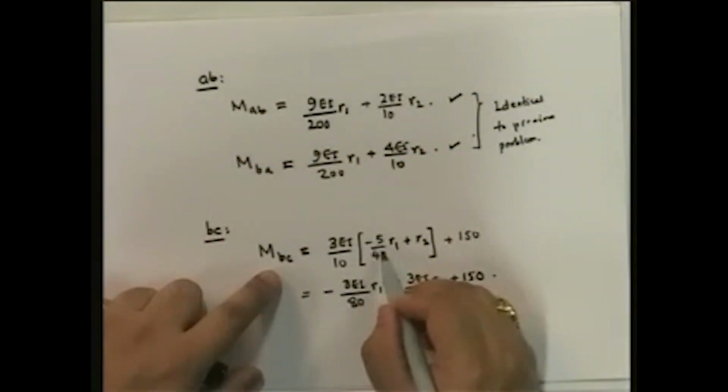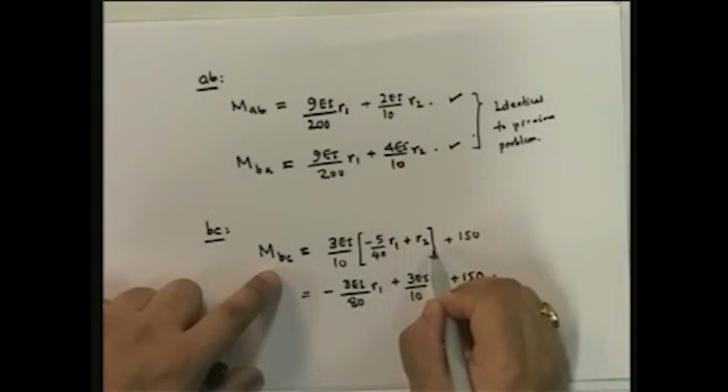Now BC, because C is a hinge, we had to write a modified member force deformation relationship, which only relates the moment at BC with the theta at BC, because we incorporate the fact that MCB is equal to 0. So if you substitute theta BC, the kinematic is minus 5 by 40 R1 plus 1 R2.